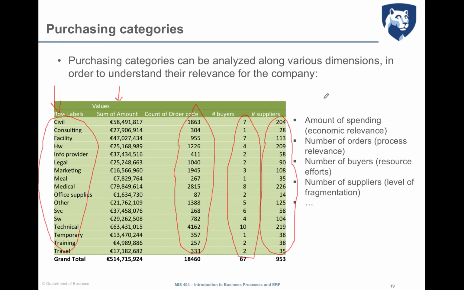So according to the analysis you want to make on this purchasing category, you can consider different variables: the amount of spending, number of orders, number of buyers, and the number of suppliers.